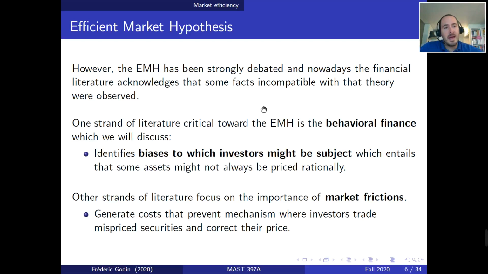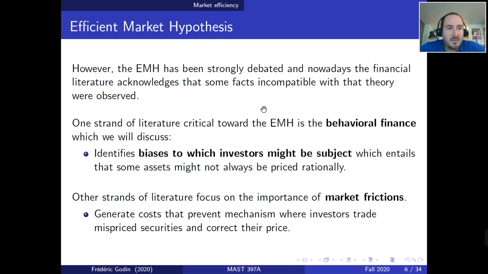If investors do not behave in a fully rational way, this impacts their decision making, and this might lead to some securities being either underpriced or overpriced, and mispricing of some securities might be observed. So there might be a divergence between the market value of a security, which is impacted by the biases in the decision making of investors, and its fundamental value, which reflects what should be the true value of a stock.